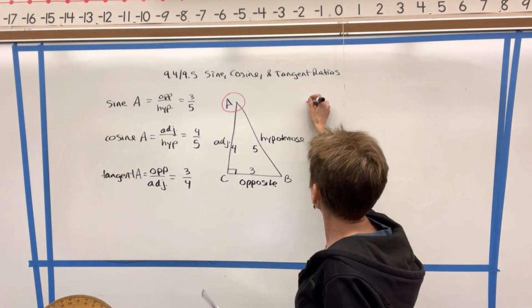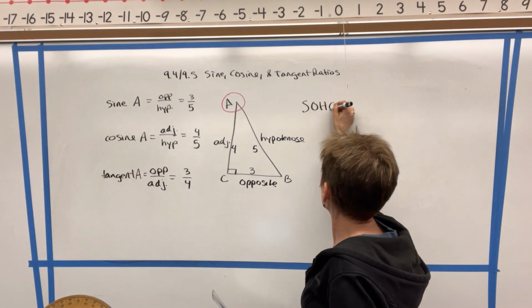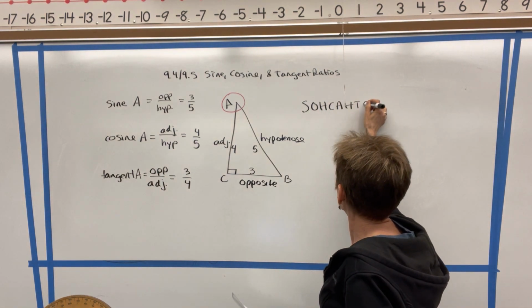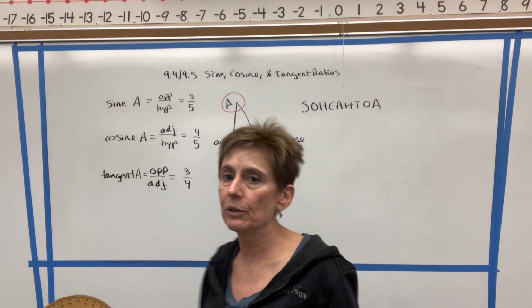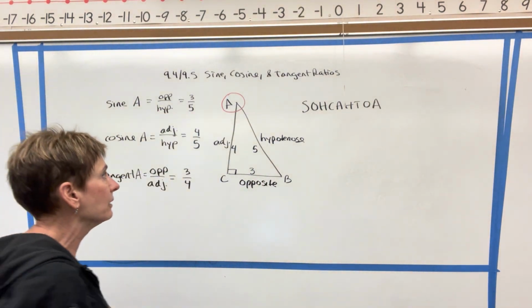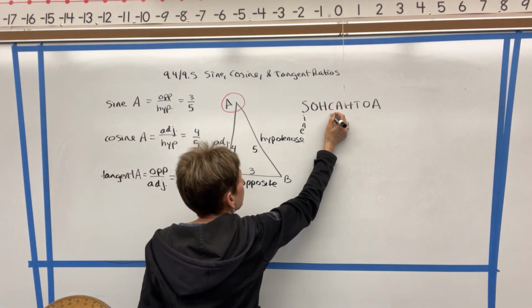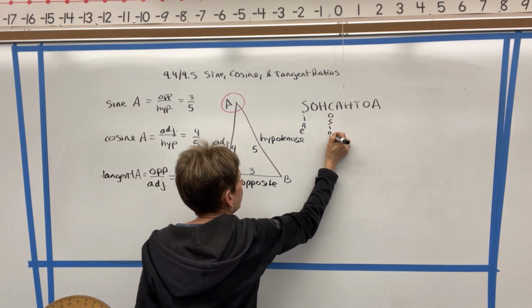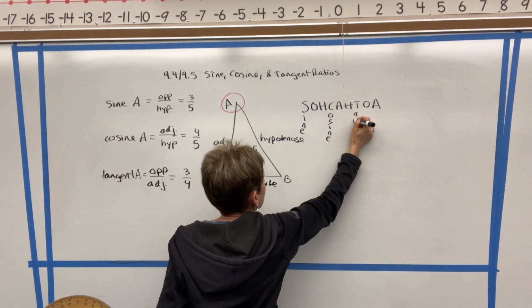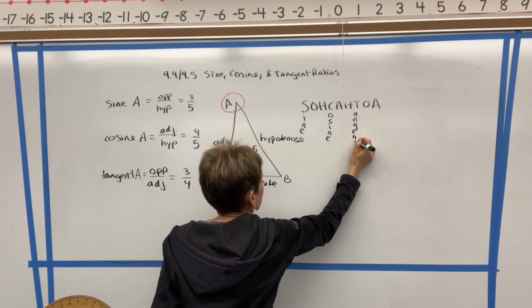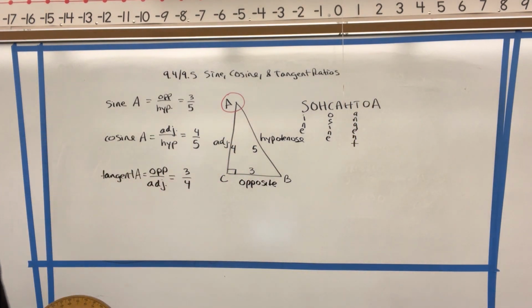Now, a lot of students use the acronym SOHCAHTOA to memorize their trig ratios. So we'll be talking about that a fair amount. The S stands for sine, the C stands for cosine, and the T stands for tangent. The other letters in SOHCAHTOA help us remember the ratios.